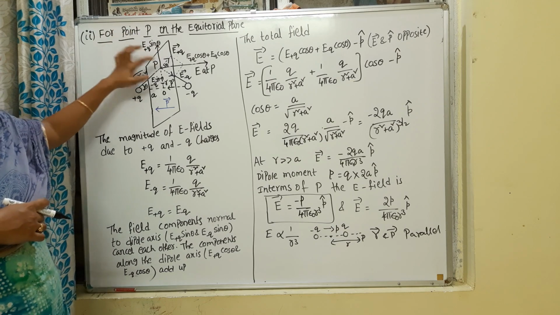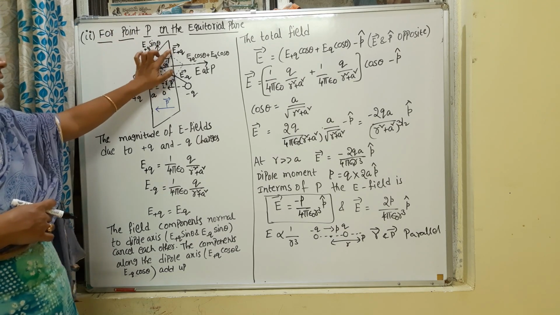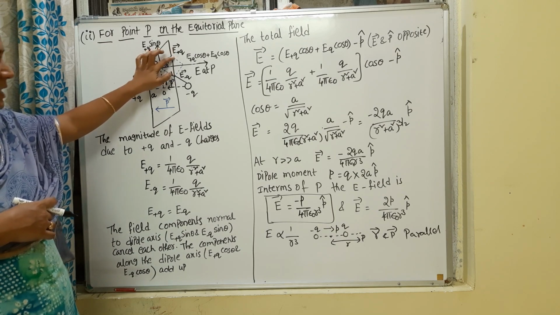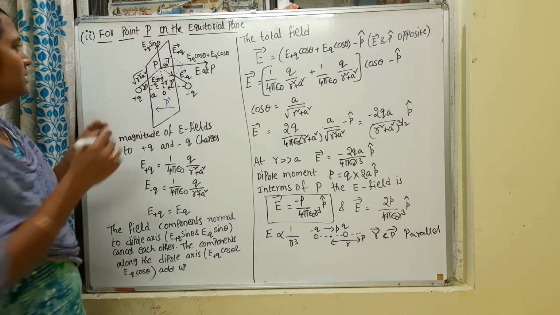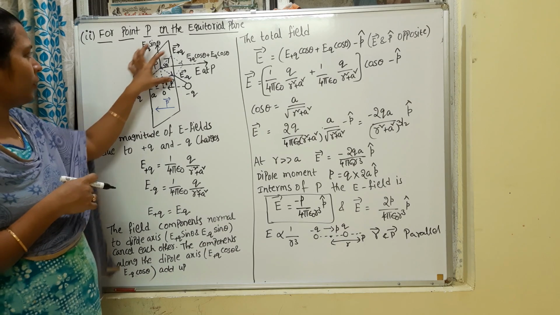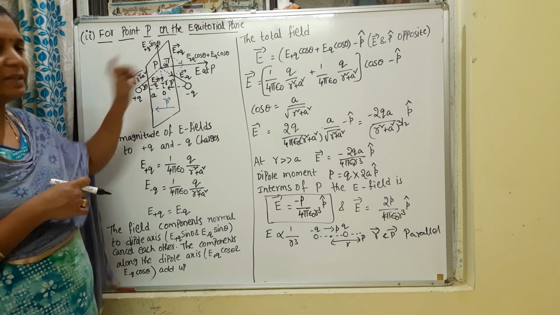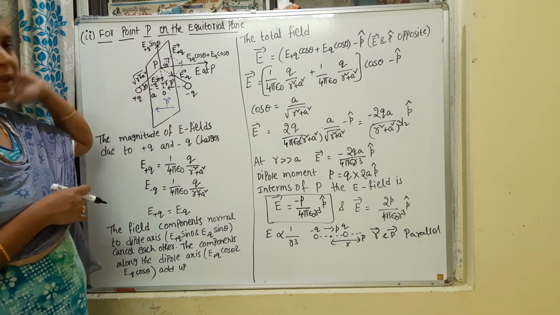For this we construct a parallelogram by drawing parallel vectors of E, the electric field due to plus Q charge and the electric field due to minus Q charge. And by drawing this, the diagonal represents the resultant electric field due to this pair of charges.